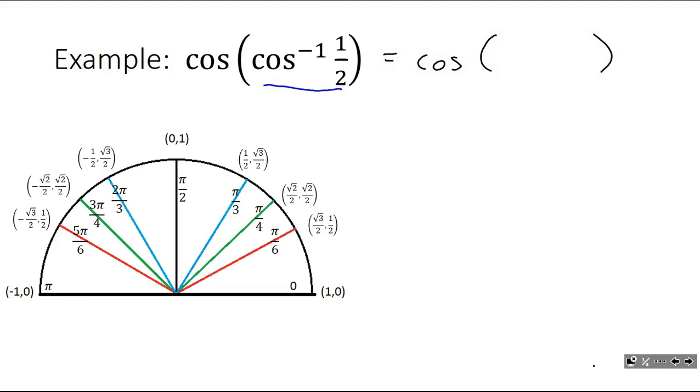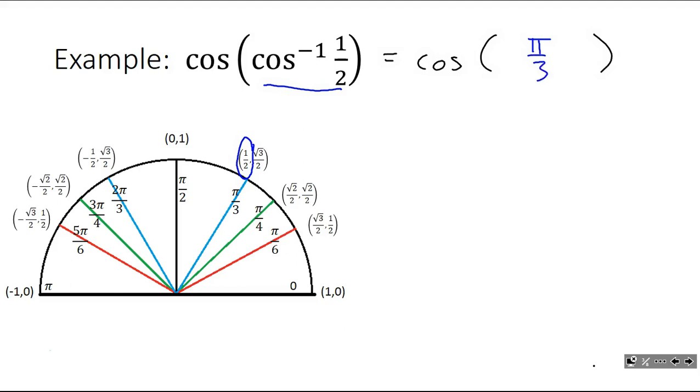Now in the last video we looked at that and we know that we are searching within our search space here for an x value equal to 1/2, which we definitely find right here in quadrant 1 corresponding to an angle of pi over 3. So the inverse cosine of 1/2 is that angle, pi over 3.